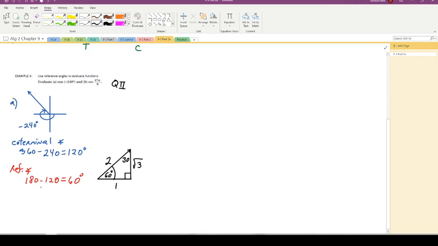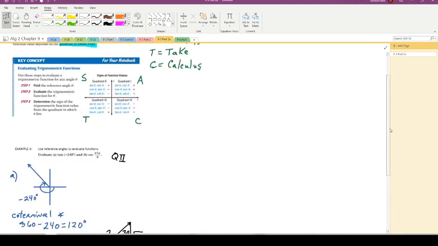So my answer is going to be negative the tangent of 60 degrees, which will give me the correct answer for the tangent of negative 240 because I use the reference angle. The tangent is opposite over adjacent, but it has to be negative. So it's negative square root of 3 over 1, which equals negative the square root of 3. And there you go with part A.